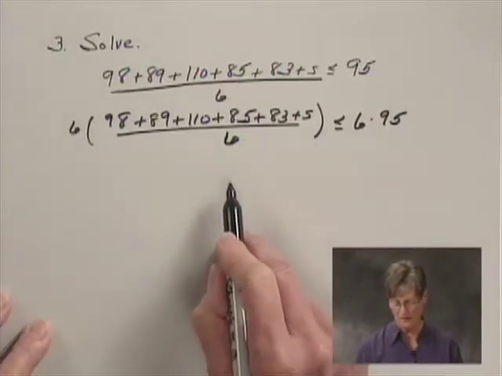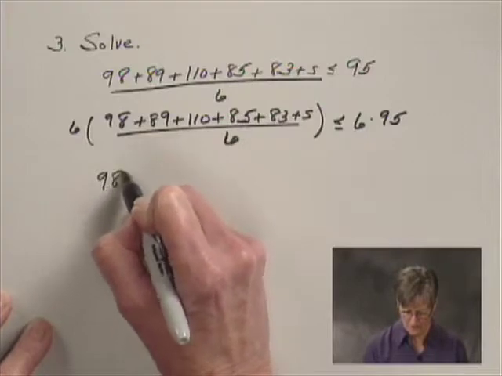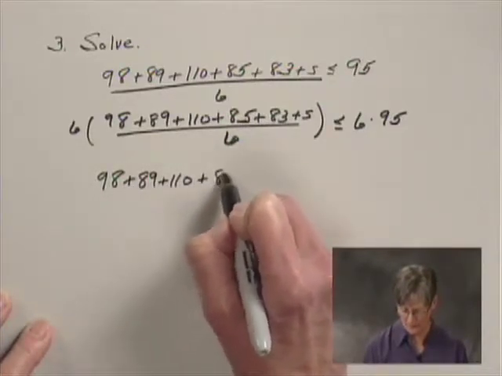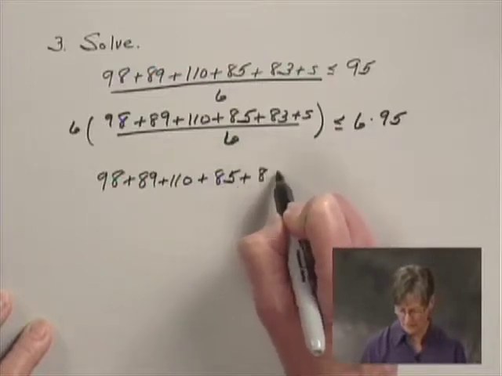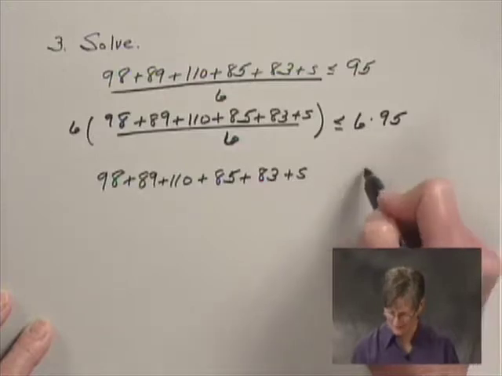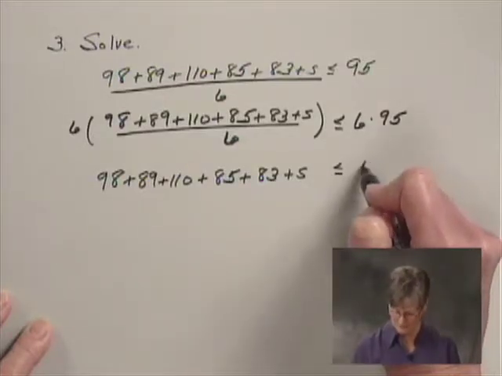Now when I multiply on the left, I'm just left with the numerator of this fraction, which is 98 plus 89 plus 110 plus 85 plus 83 plus S, and that is less than or equal to 6 times 95, which is 570.